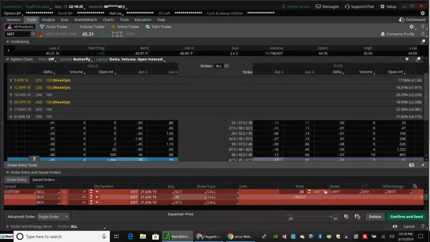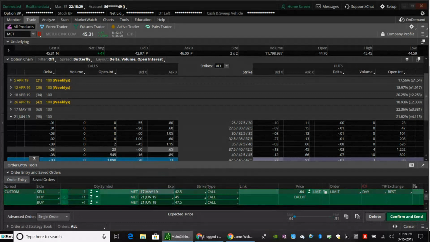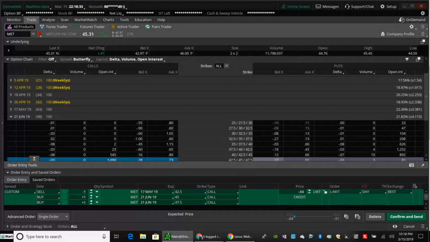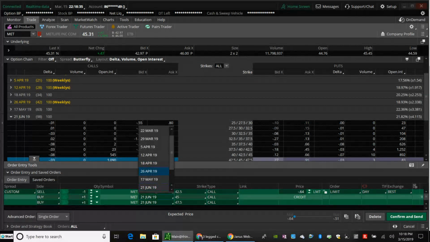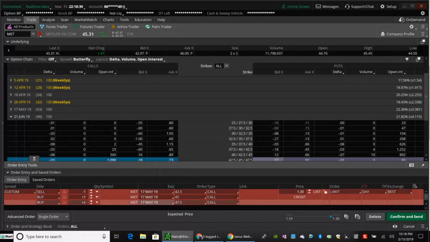I think the expiration I had originally was May, so we'll stick with May. All right, we got that changed to May. It's set up properly, got it customized.